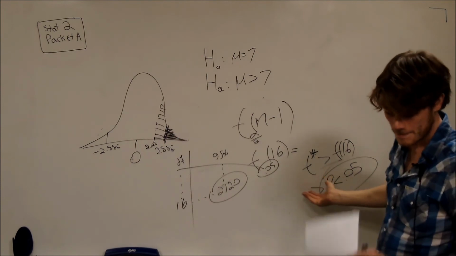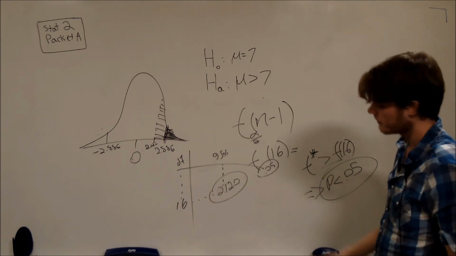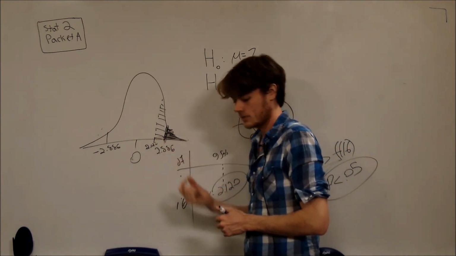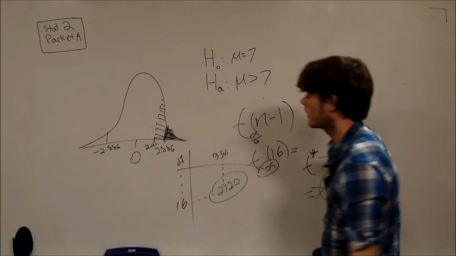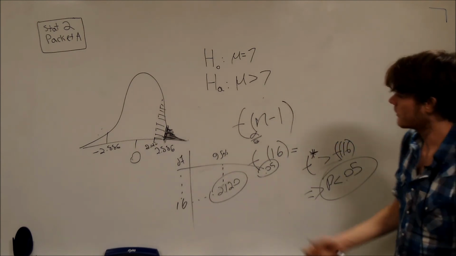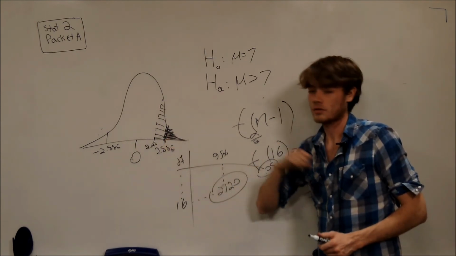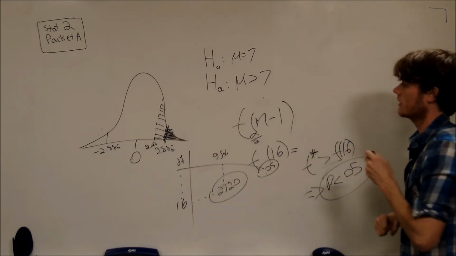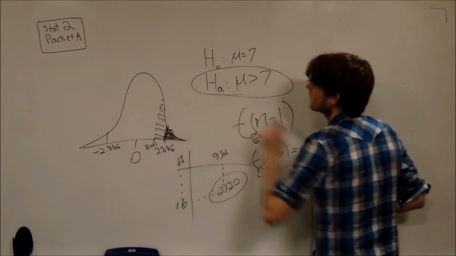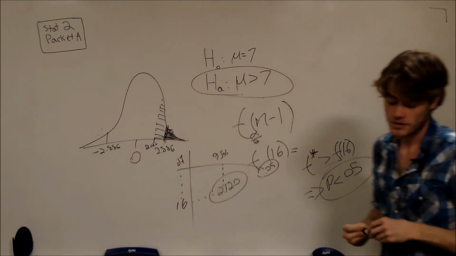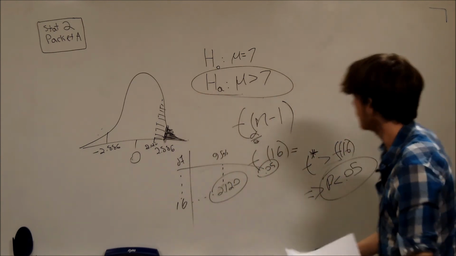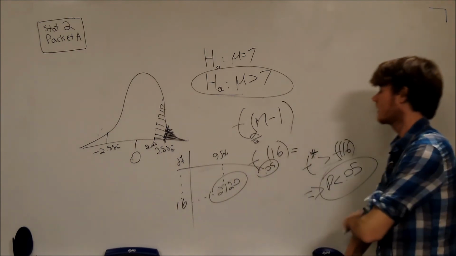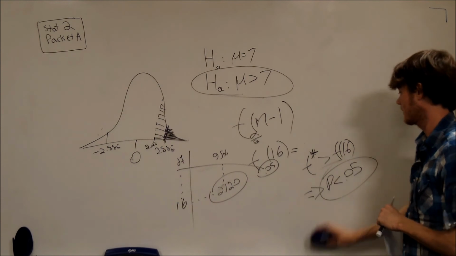Oops, yeah, I'm sorry, so this is 0.05. So this implies that our p-value is less than 0.05, and we reject. So we have enough evidence to say that the mean number of pizza slices a person eats in a week is, in fact, greater than 7.